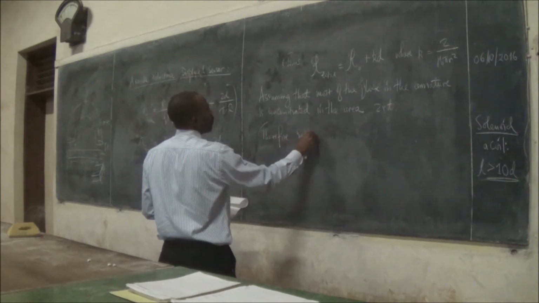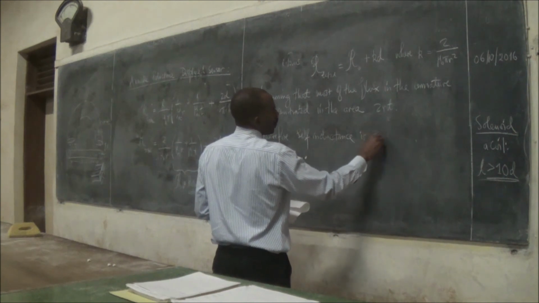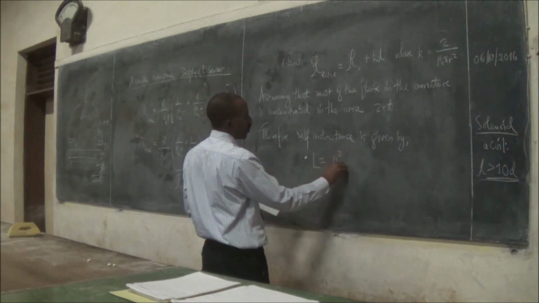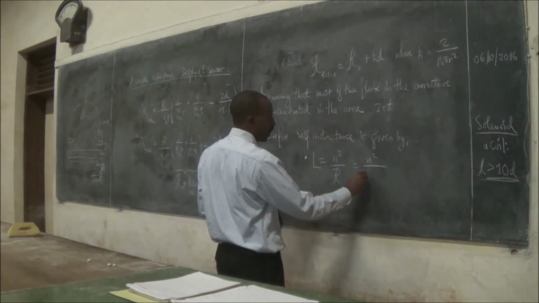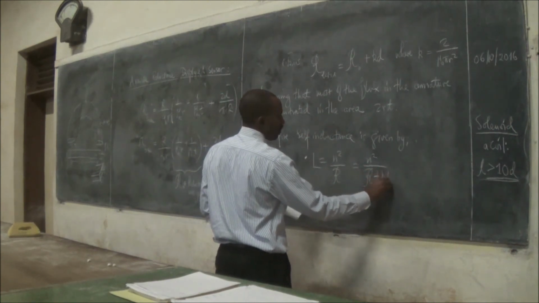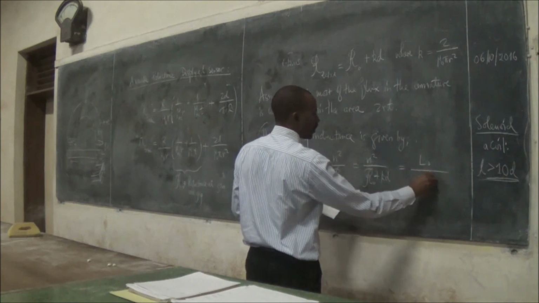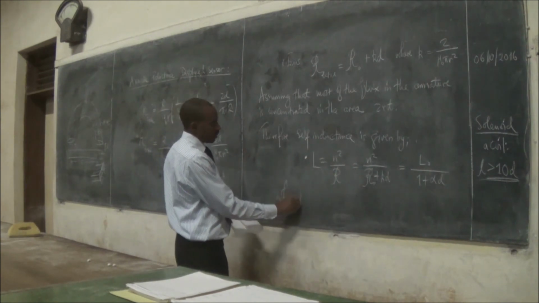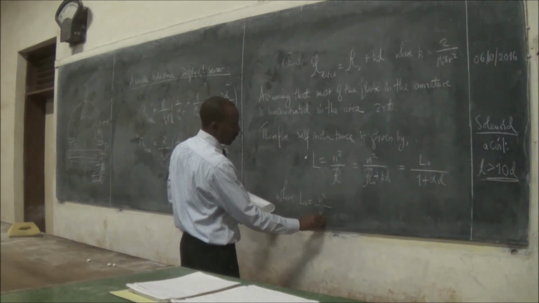So therefore, self-inductance is given by L equal to n squared over reluctance, which is equal to n squared over the reluctance with no air gap plus KD, which is the same as L naught over 1 plus alpha D, where L naught is the same as n squared over R naught.